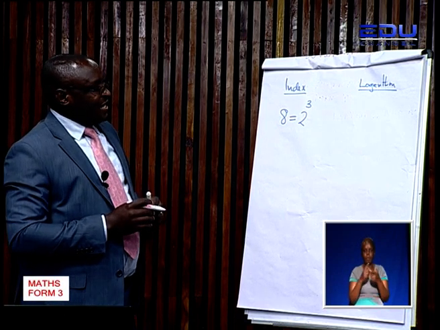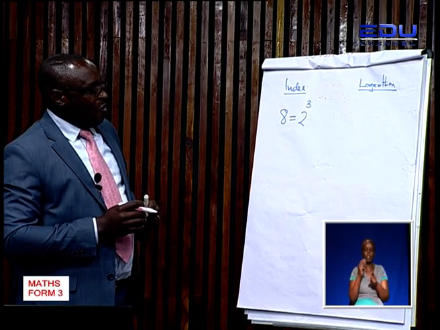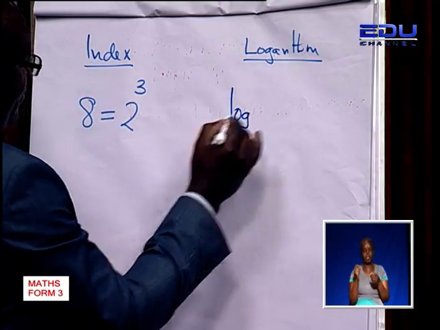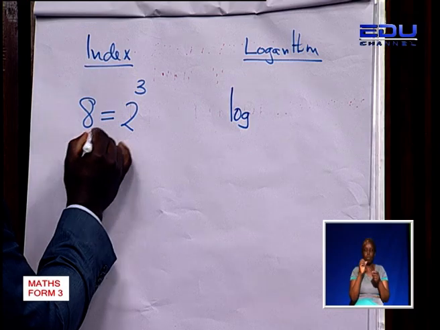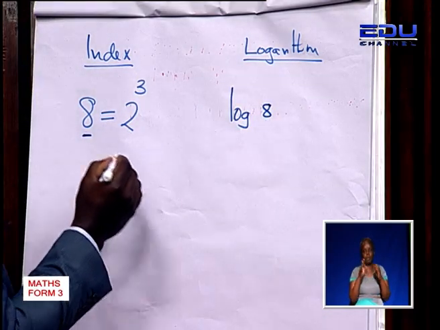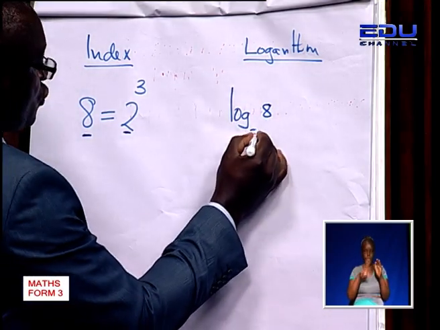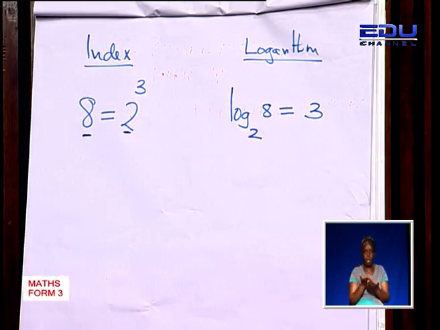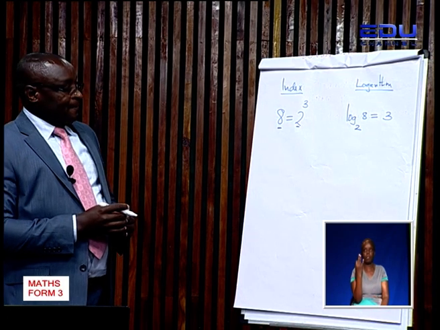But we can now change the index form to logarithm form by writing the logarithm of the number 8 to the base 2, and our solution will be 3.